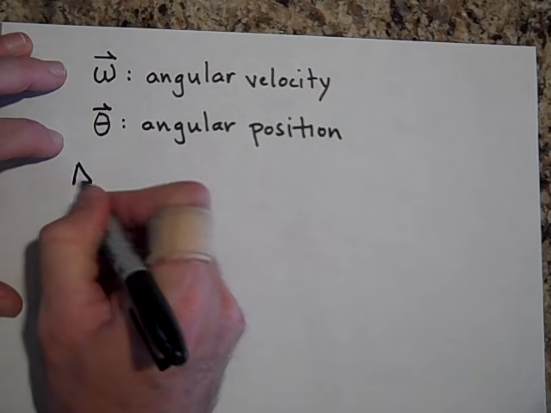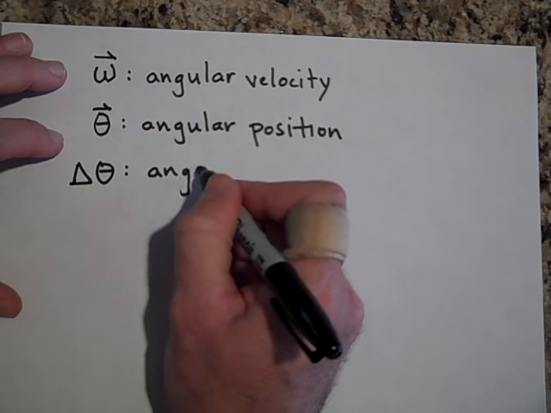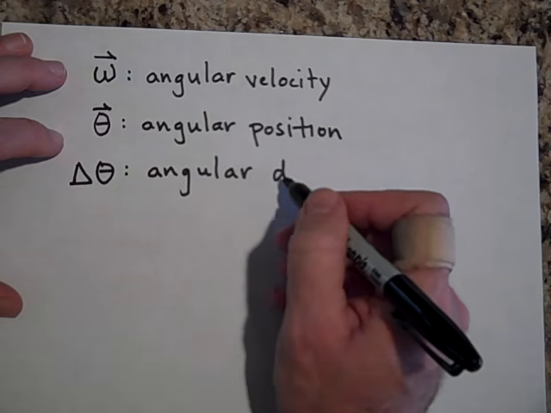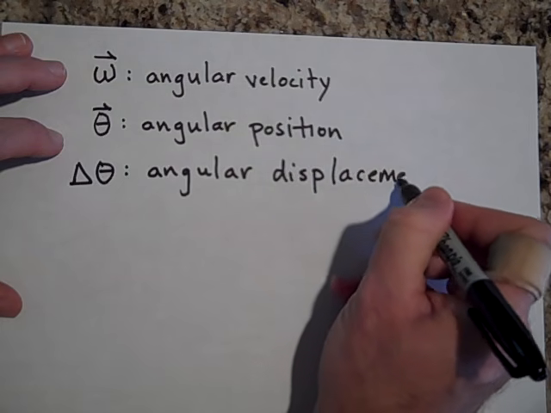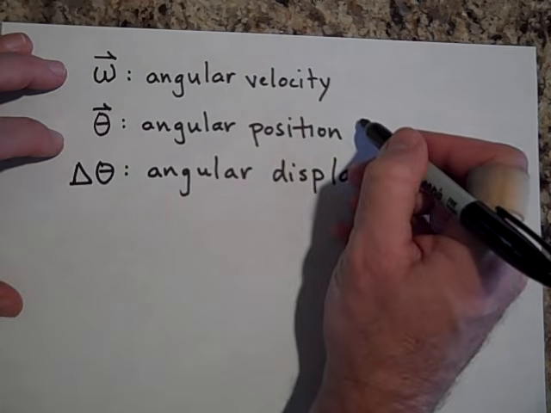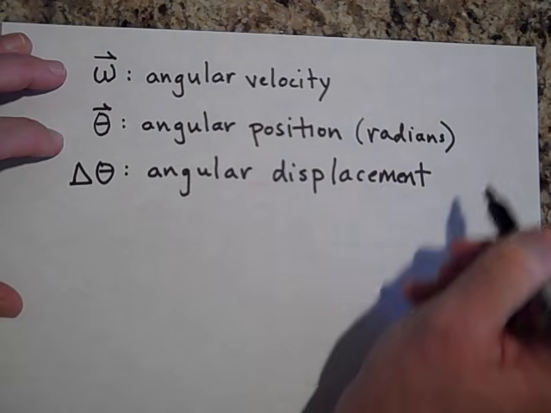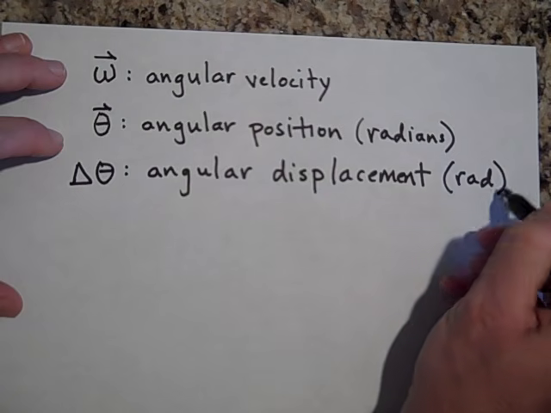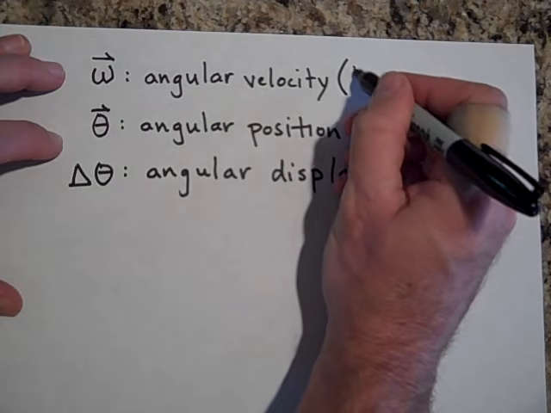And there'll be delta theta, which is an angular displacement. The angular position is measured in radians. So is the angular displacement. And the angular velocity is going to be measured in radians per second.